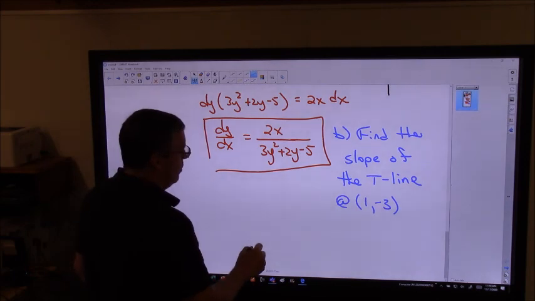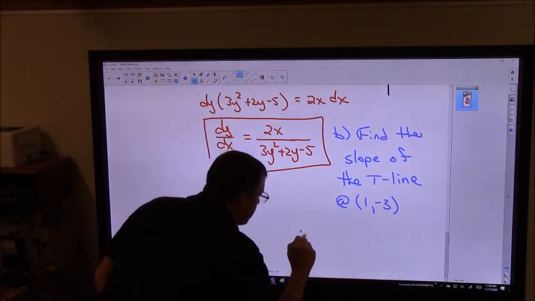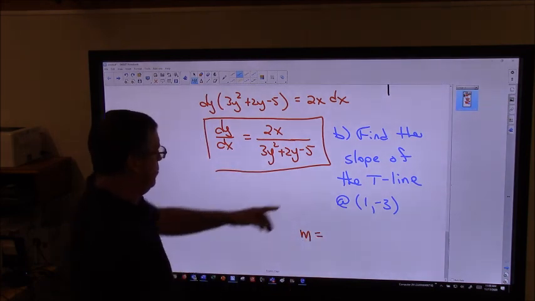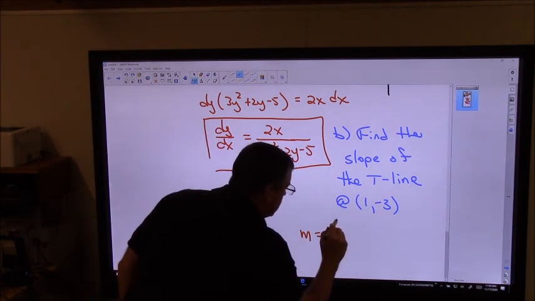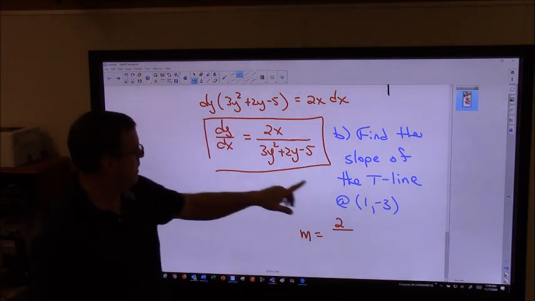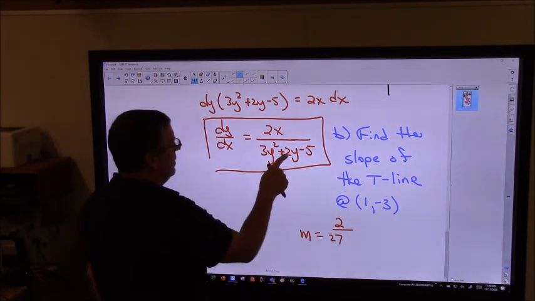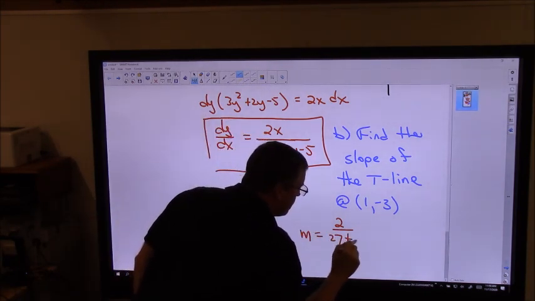All right, so our slope, if I plug in a 1 for x, I've got 2 in the numerator. In the denominator, I'm plugging in a negative 3, so that would be 9 times 3, that's 27, plus 6, minus 5.